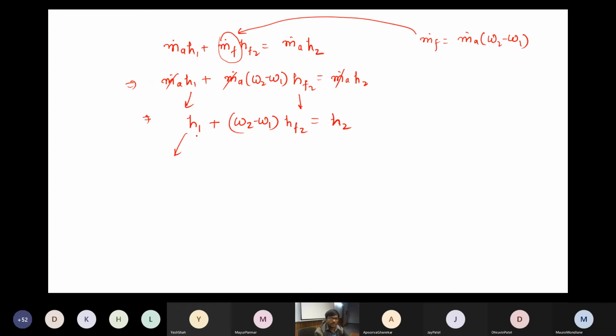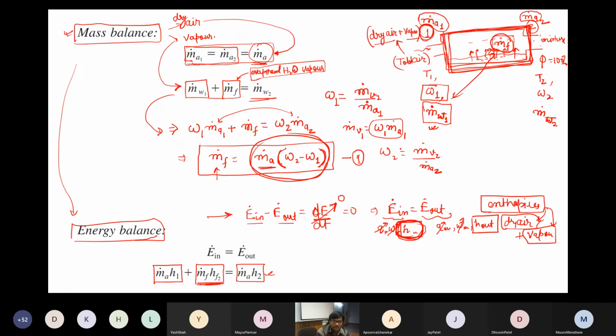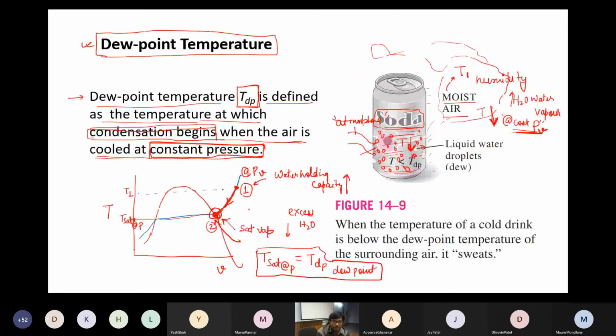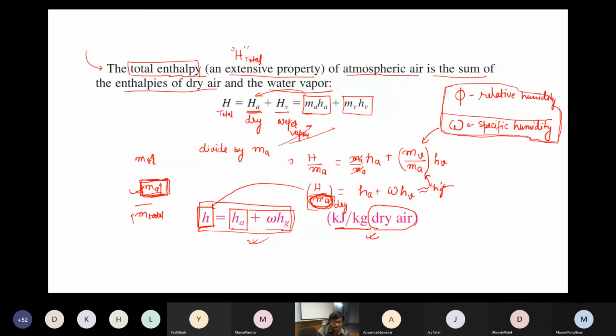We have already seen that h1 comprises both dry air enthalpy and vapor enthalpy. The total specific enthalpy of atmospheric air is comprised of dry air enthalpy and vapor enthalpy.